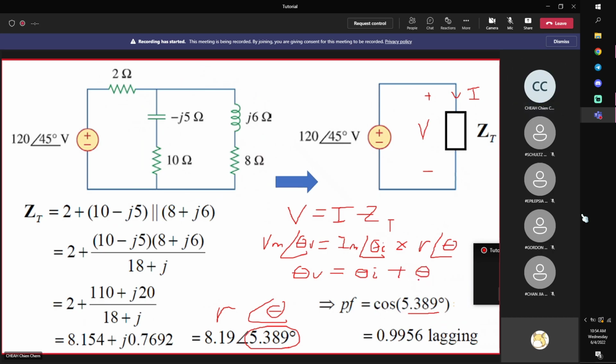So this causes the phase difference between your current and voltage. In other words, theta V minus theta I, the phase difference, is theta. This means that once you calculate the impedance angle, you take the cosine of it, and that will be your power factor.